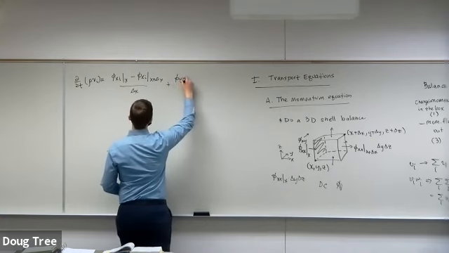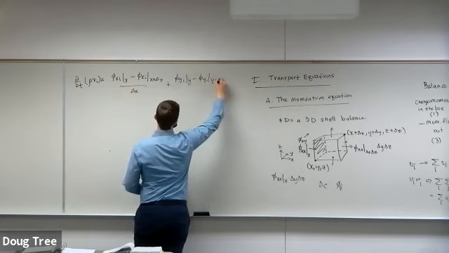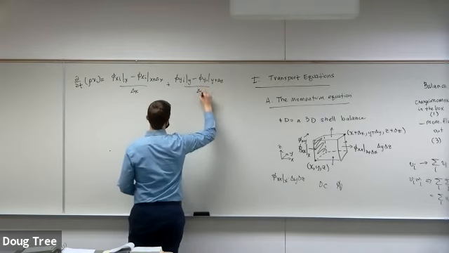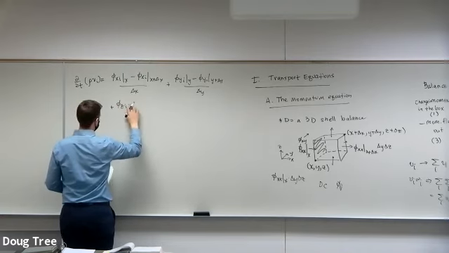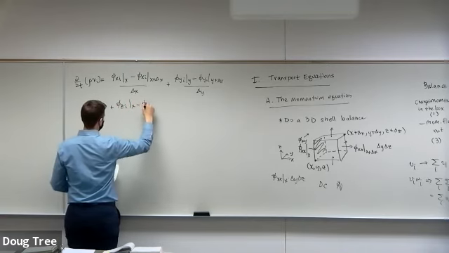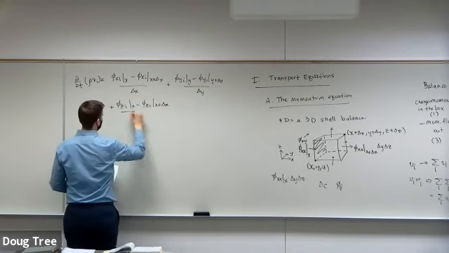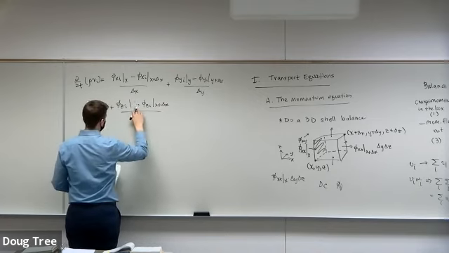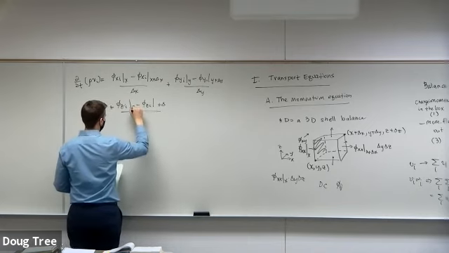Phi yi at y minus phi yi at y plus delta y divided by delta y, plus phi zi at x minus phi zi at x plus delta x. Okay, divided by, or excuse me, this is supposed to be a z. Not going too fast.